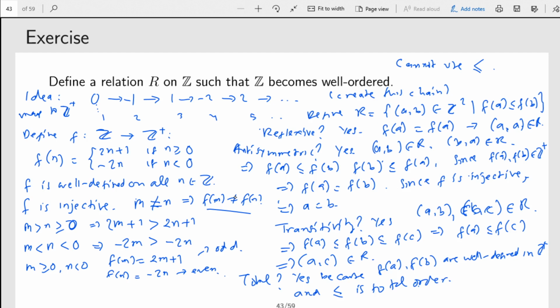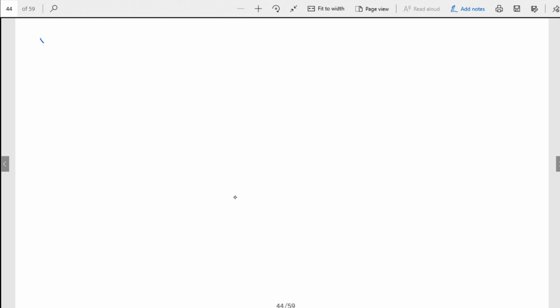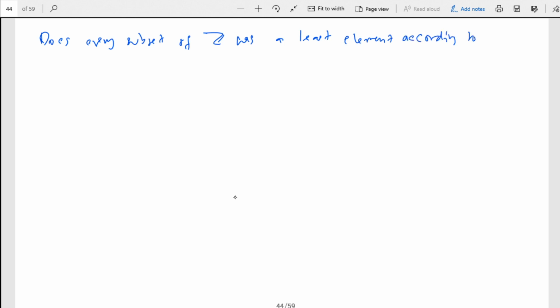Now what remains is to show that every subset of Z has a least element according to this R, right? So the next question is, does every subset of Z have a least element according to R? Now the answer is actually yes, but let's show this.